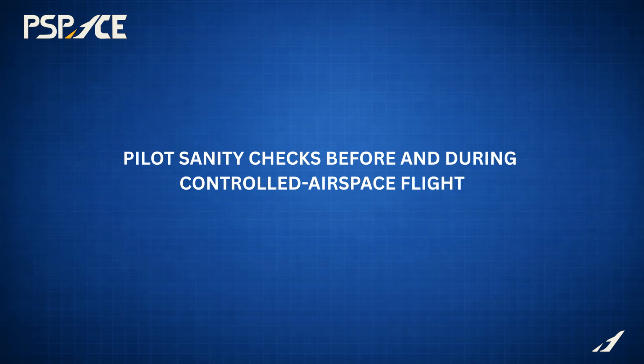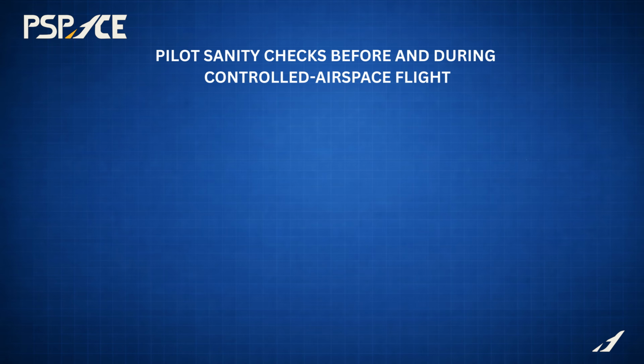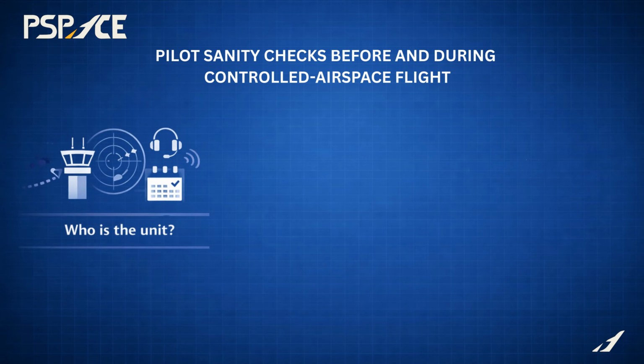A practical self-checking habit supports everything covered in this lesson. Before and during controlled airspace flight, the commander and crew should be able to answer a few simple operational questions. Which ATS unit is currently responsible for the aircraft?